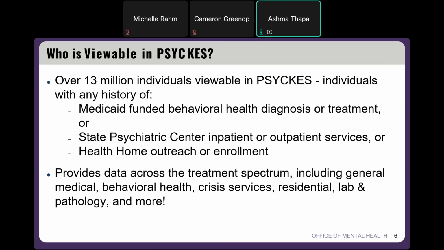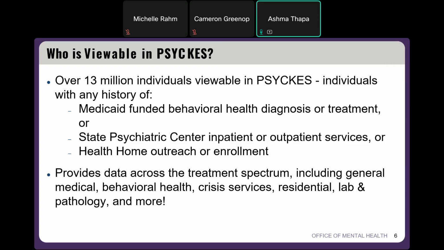So now who is viewable in PSYCKES? We do currently have over 13 million individuals viewable in PSYCKES. It includes individuals with any history of Medicaid-funded behavioral health diagnoses or treatment, or state psychiatric center inpatient or outpatient services, or health home outreach or enrollment. So if a recipient falls within this population, we will provide all data.